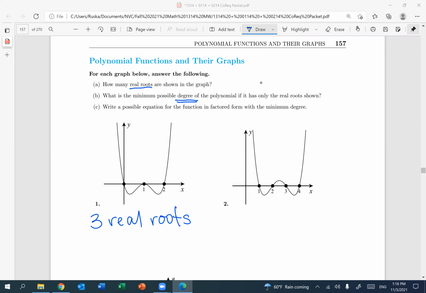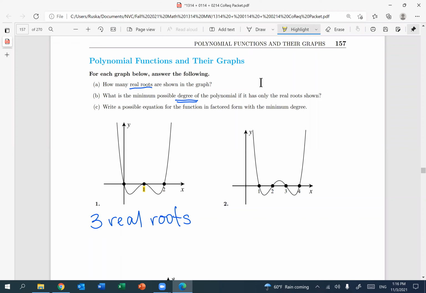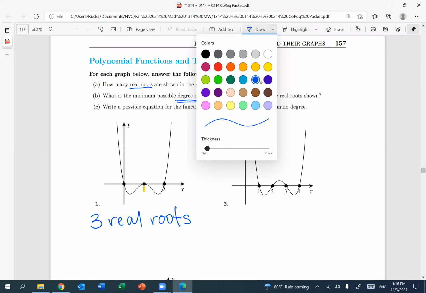Somebody said 3. Yes, let me explain though. So the degree is 3 if you cross the x-axis. Whenever you cross the x-axis, you count it as 1. If you bounce off the x-axis, like here we're bouncing, this is going to count for 2. So this point here at 1, because at 1 you're bouncing off the x-axis, this is going to count for 2.